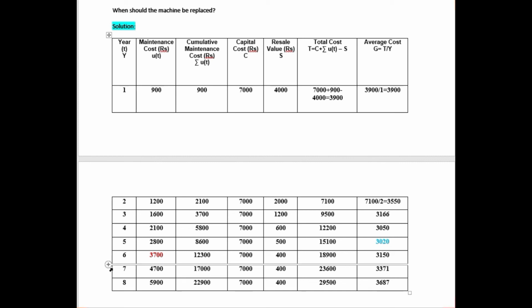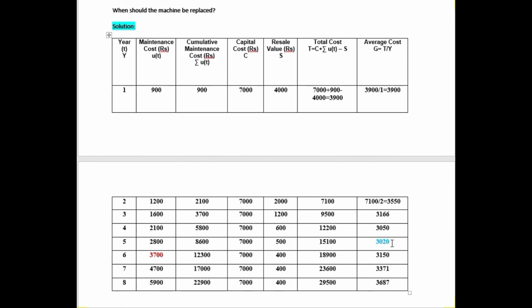So average cost at the end of fifth year is less than the maintenance cost of the next year. So if we still continue with the same machine, it consumes more money for maintenance itself. So it is not economical for the organization or a company or a firm.